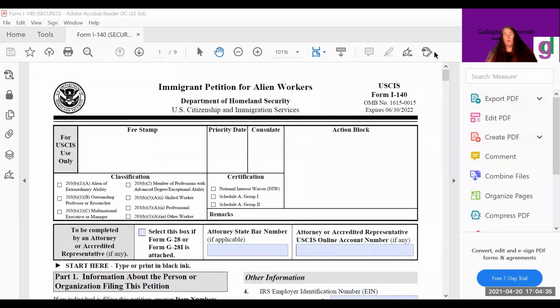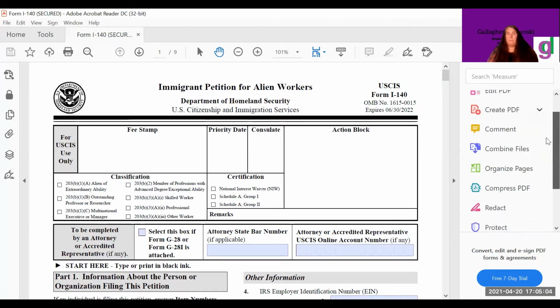That is one of the types of green cards where you can self-petition and you don't necessarily have to use an attorney, and you definitely don't need to have a job offer or a labor certification, which is also called a PERM. So this is how you fill out the I-140 in that case.